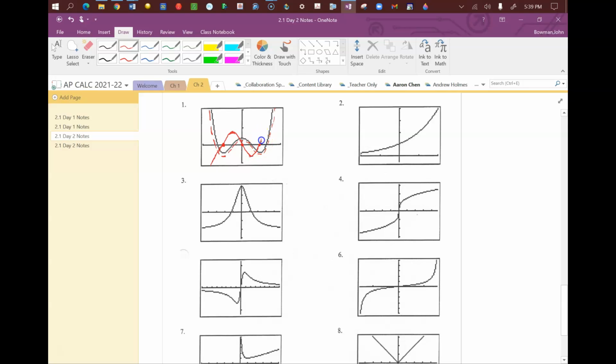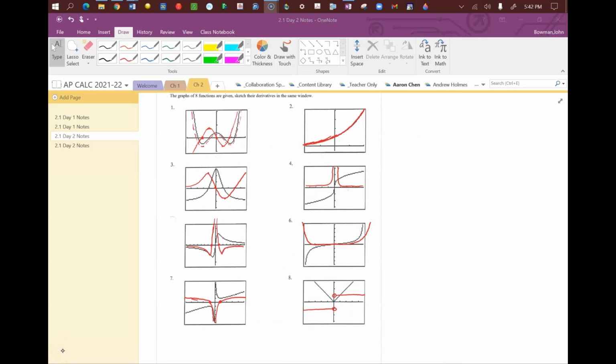And then the tangent line gets really steep, so the slope becomes very positive. So go ahead and pause the video and try and graph the derivatives of each of these functions in the same viewing window. When you're done, turn the video back on, check your answers.